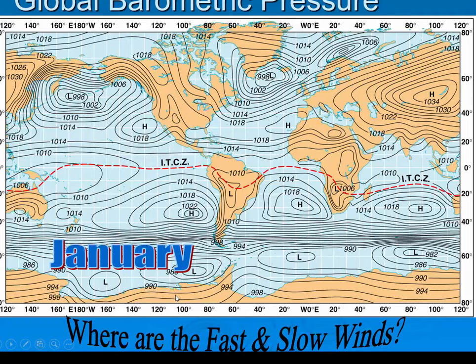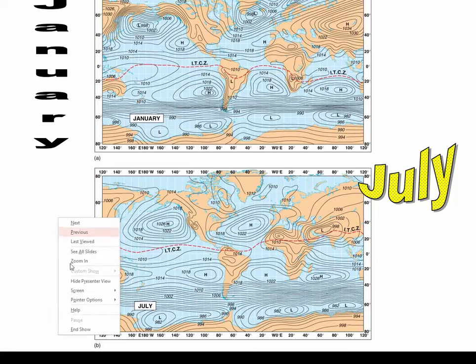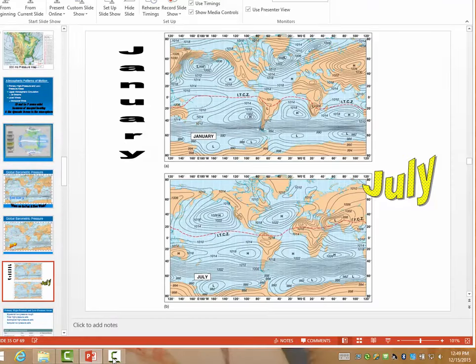So here we see in January, when we know that the southern hemisphere is in its summer, we see that intertropical convergent zone that we were just studying migrates southward. And when the heating of the Earth migrates into the northern hemisphere, we see the intertropical convergent zone also migrates north.